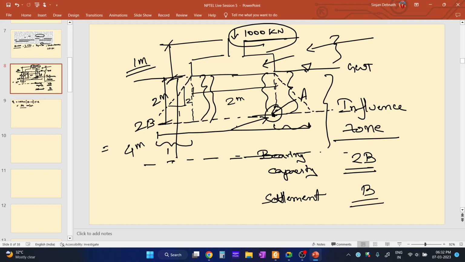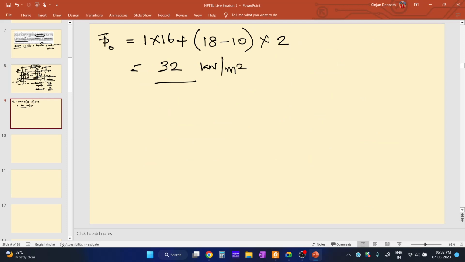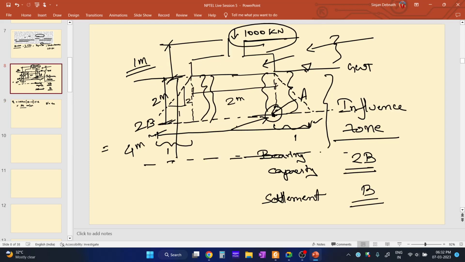And the length of this portion will also be 1 meter. What will be the total length from this point up to this point? It's 2 plus 1 plus 1. So the new breadth is equal to 4 meter. Have you understood how it is coming? 4 meter. For the length case, the same thing is happening.